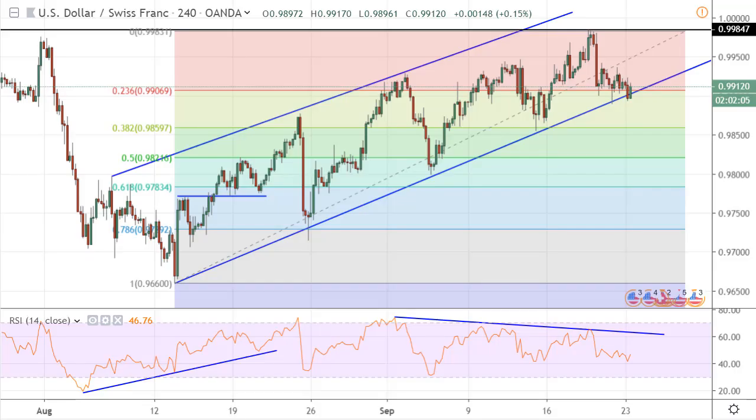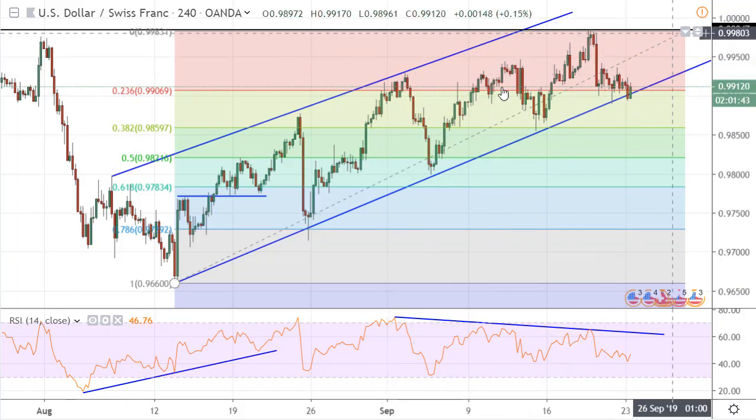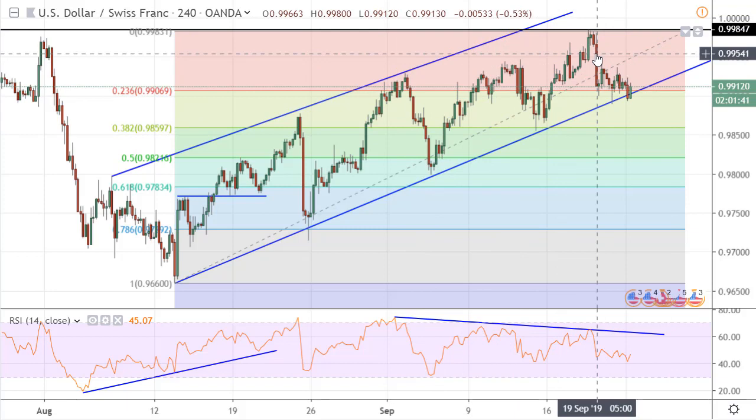As you can see over here, right now price is slowing down with the upside move. We don't know yet because this can continue back to new highs, but when we look at the RSI, we see some price action telling us that the highs are getting a little bit less aggressive.